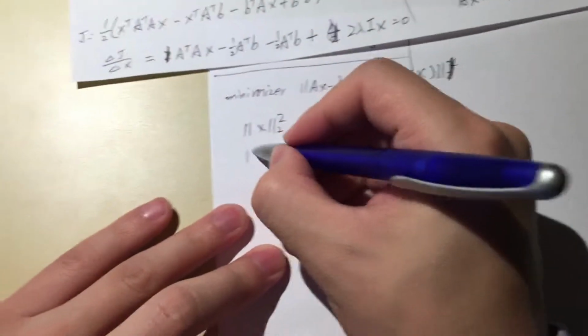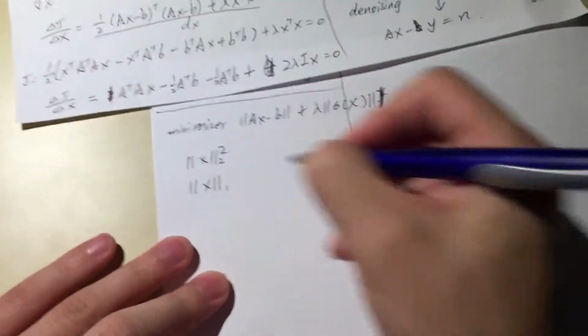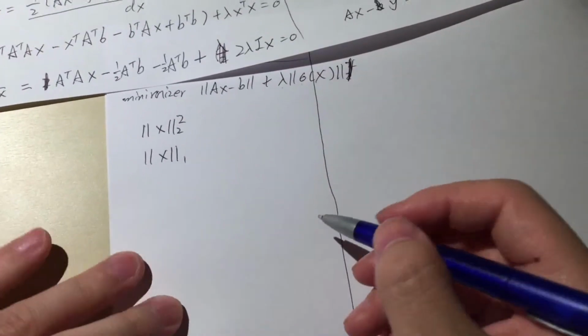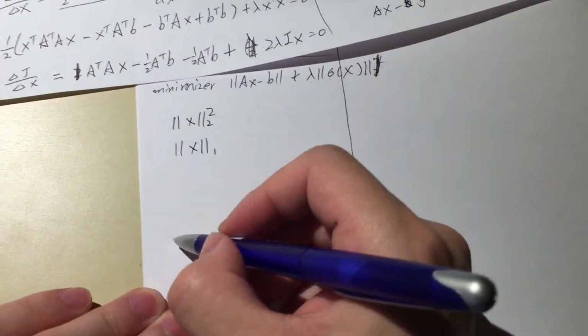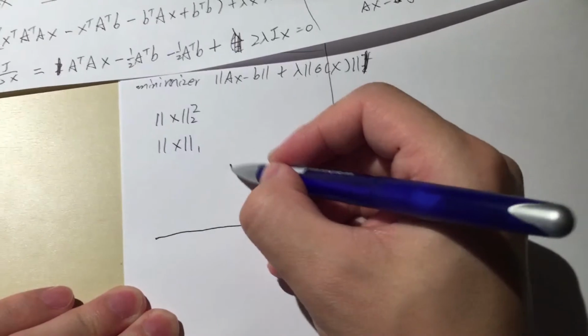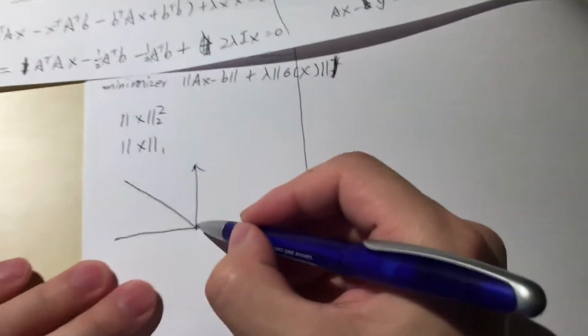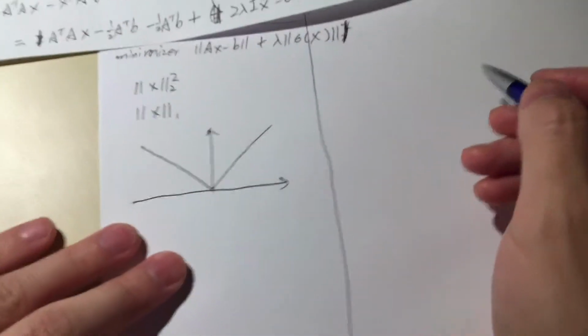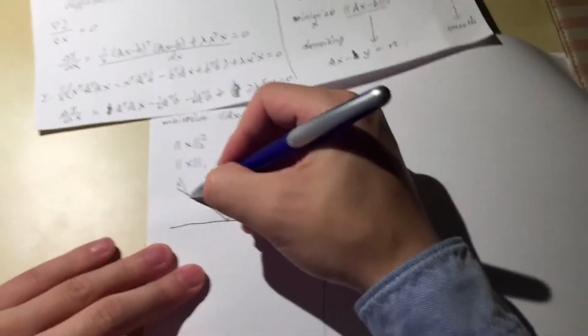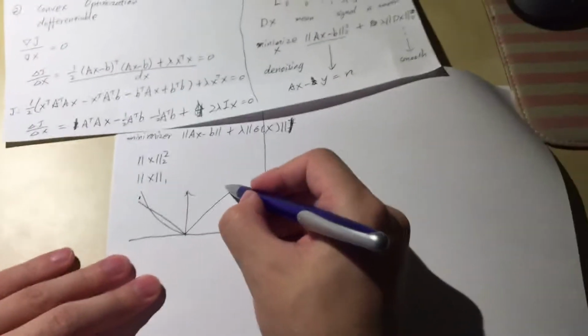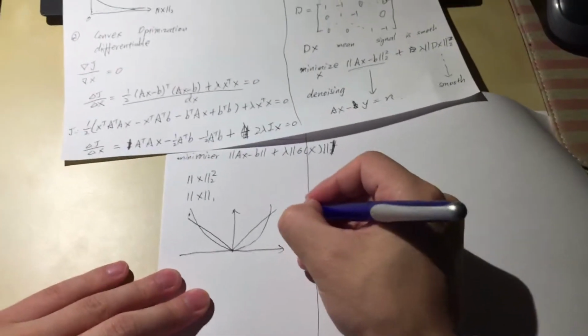We can also use the L1 norm. If we use the L1 norm, we can improve the sparsity. The sparsity is like this. For example, if we have the L1 norm, the penalty function will look like this. If we use the L2 norm, the penalty function will look like this.